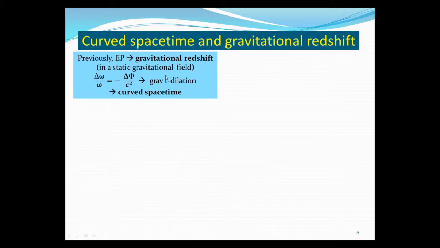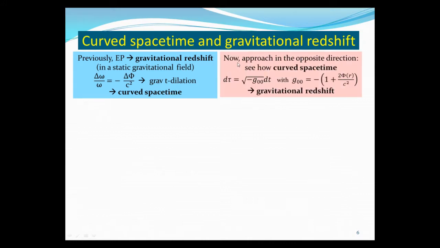From gravitational time dilation, we can interpret it as curved space-time, a bending in the time direction, which we talked about two slides ago. So in other words, we've gone from gravitational redshift to curved space-time. Now, in some ways, we're going to go in the opposite direction.